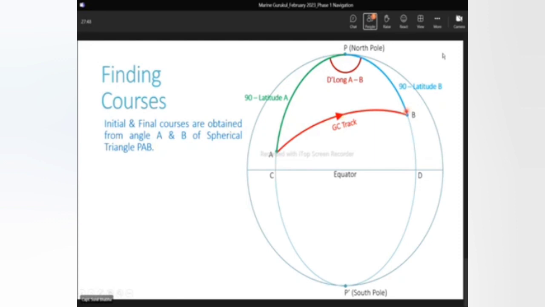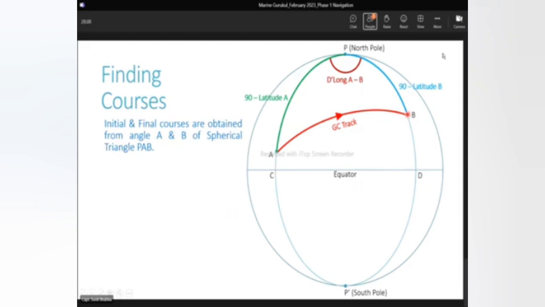Two sides were already known to us: PA, which is the colat of A, PB, which is the colat of destination position B, and the third side has been found in our previous calculation, that is side AB, which is the great circle track or the great circle distance between our initial and final position.